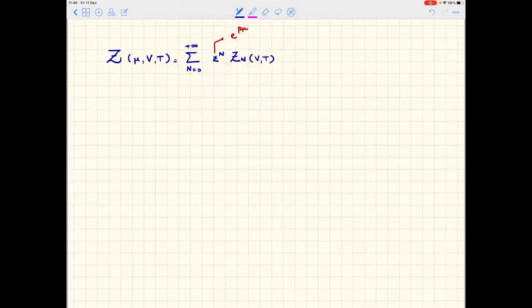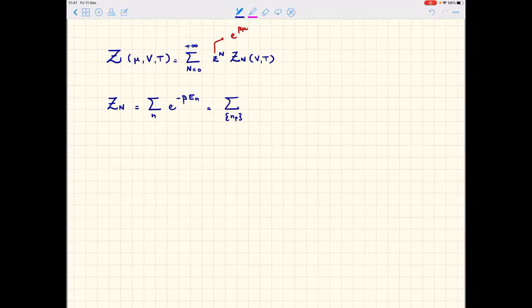Now, Z_n is something we already know, right? Z_n is equal to the sum over states of e to the minus beta E_n, or actually written in a much better way for our system, the sum over all possible strings of the occupation of all the momentum modes of our free system. So for momentum P1, I have one particle.